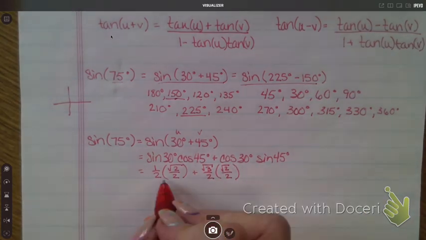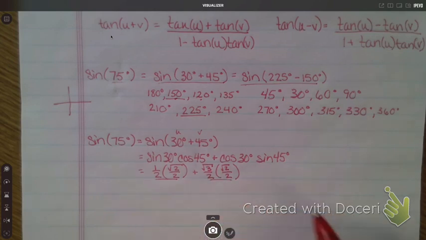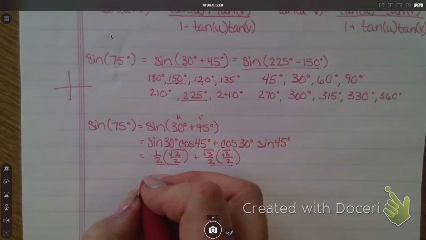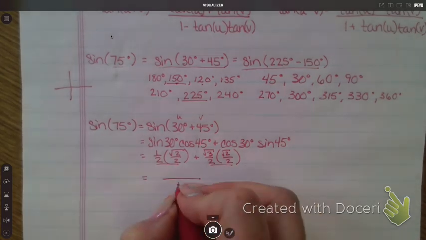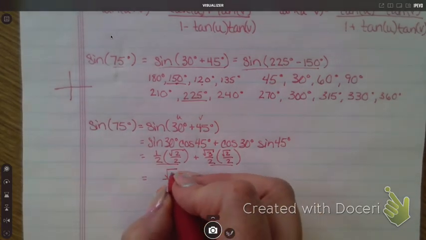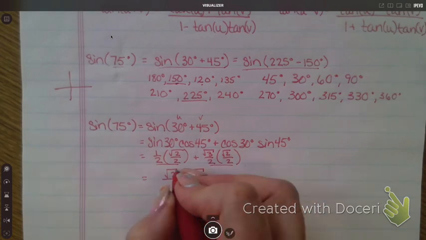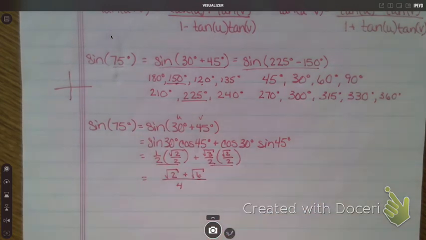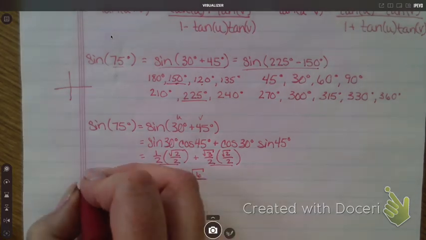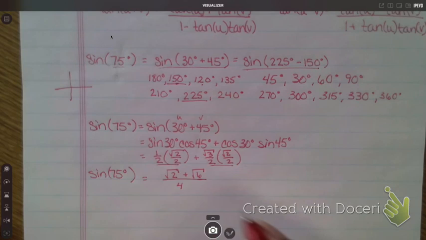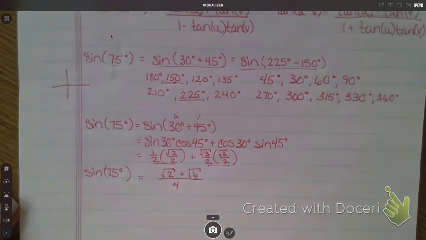Well, I got 4 for the denominator on the left and 4 for the right, so my common denominator is what? 4. So I get 4, and then square root of 2 plus the square root of 6. Can I add the square root of 2 plus the square root of 6? No. So the sine of 75 is the square root of 2 plus the square root of 6 over 4.